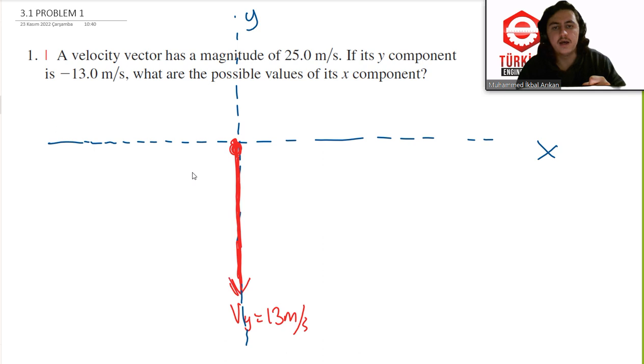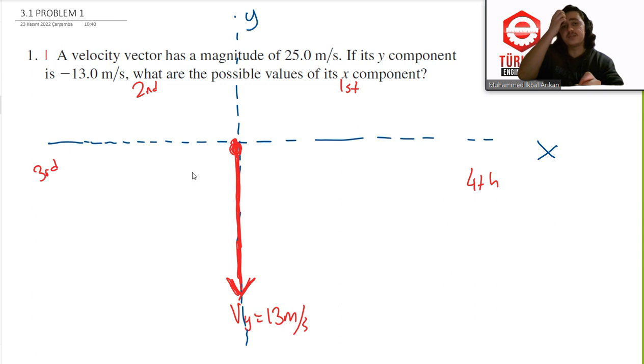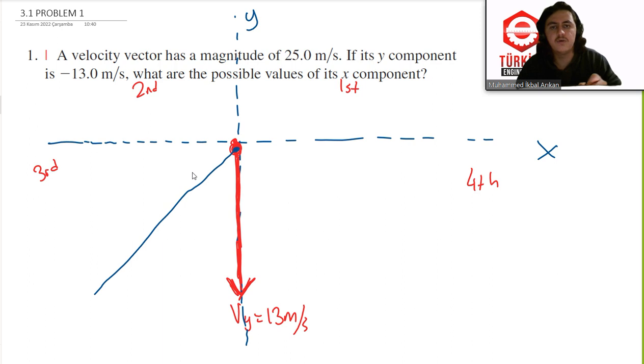So I cannot be in the first quarter. This is the first quarter, this is the second quarter, this is the third quarter, and this is the fourth quarter, okay? So I cannot be in the first or second quarter. I must be in the third or fourth quarter. So I can put my resultant velocity vector this way, or this way.